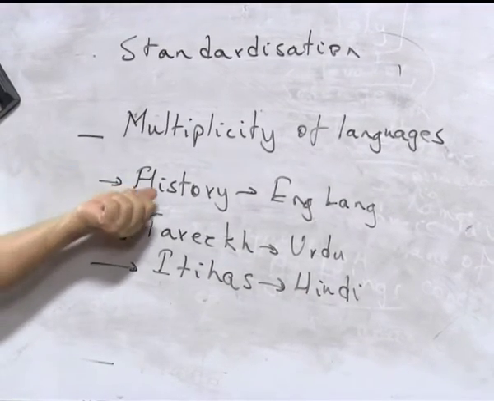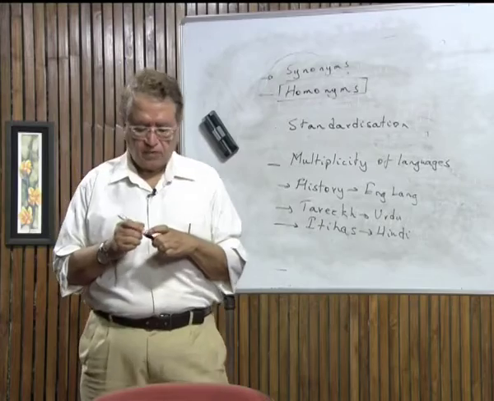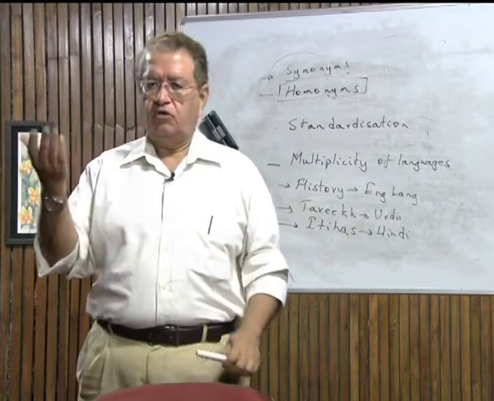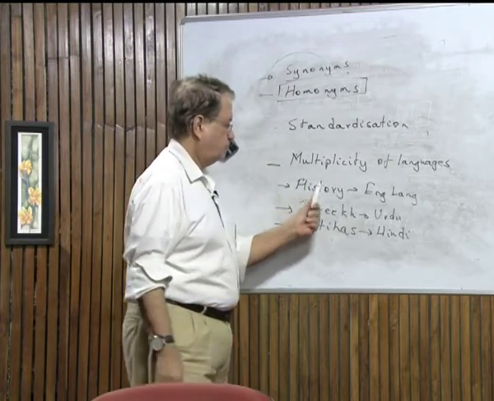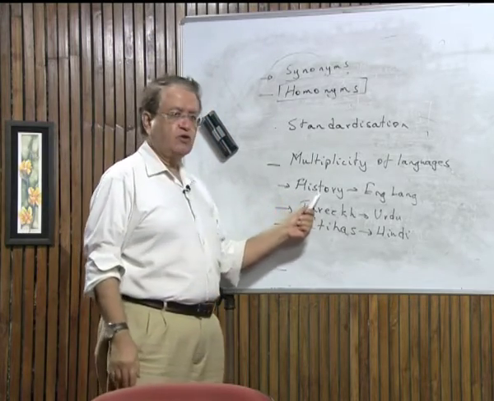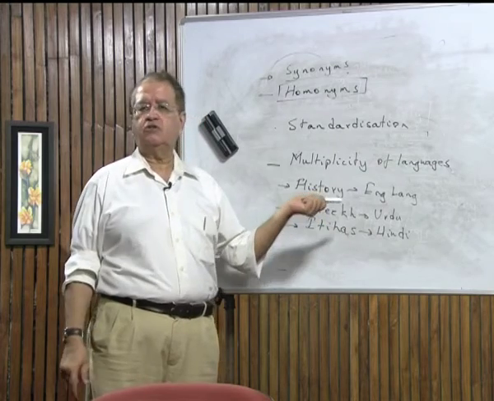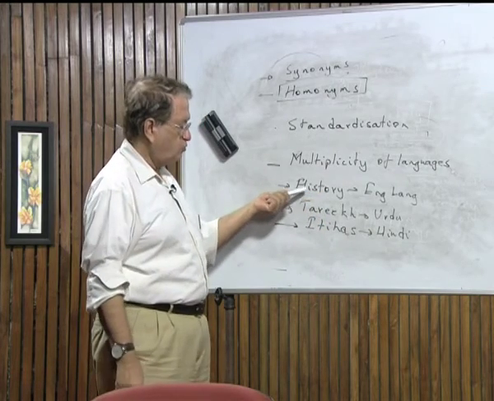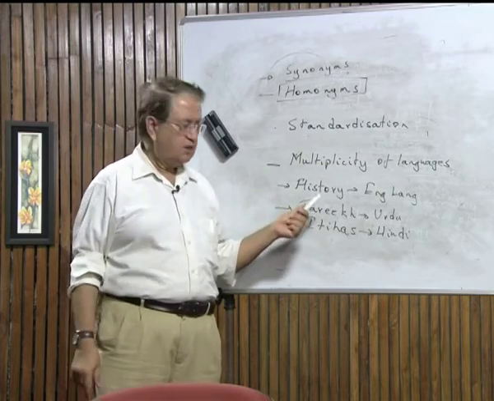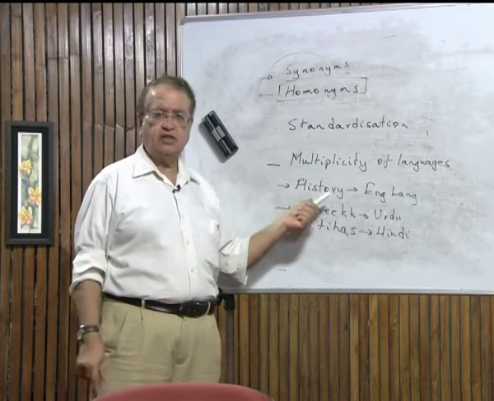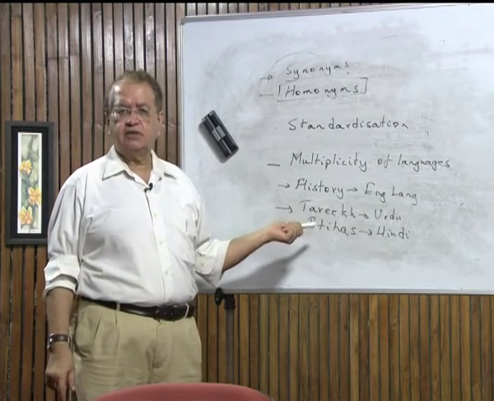So, if you write history and you have books in Hindi, it is not going to retrieve books in Hindi, because in Hindi the term history is not used. If you have books in Urdu, then there also you would not retrieve books on history, because their history is not known as history, their history is known by another word.